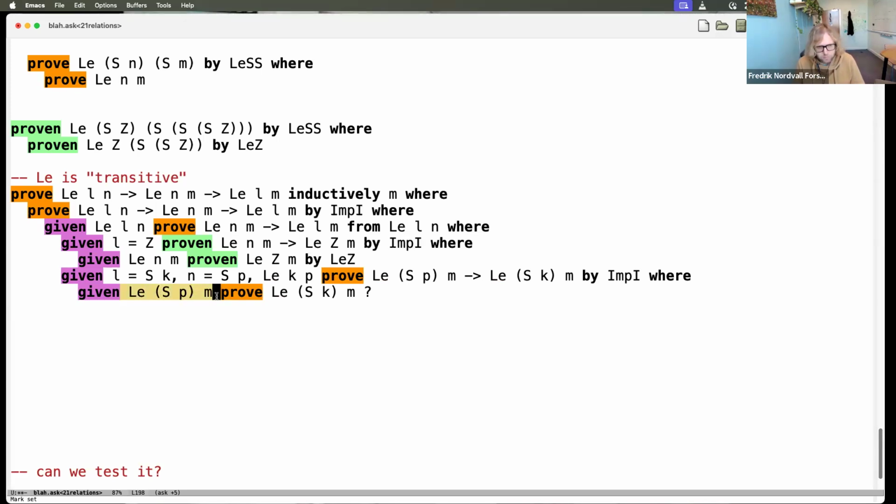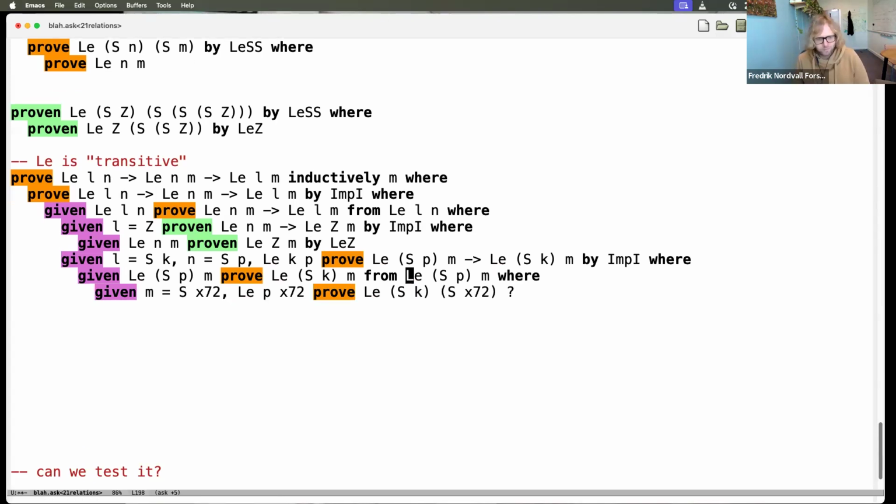We know that m is definitely bigger than 1. That's the point. So if we say from, we will learn that m is also a successor.